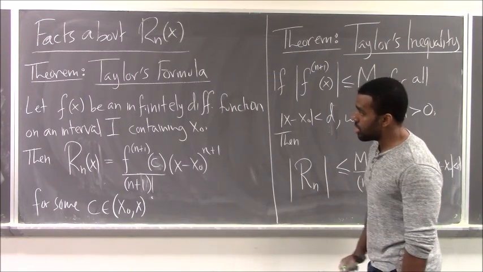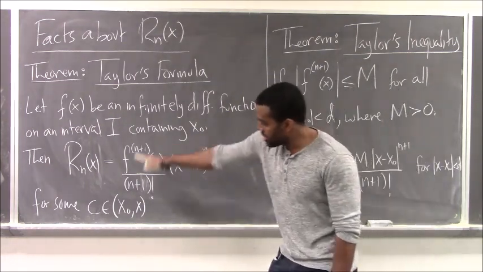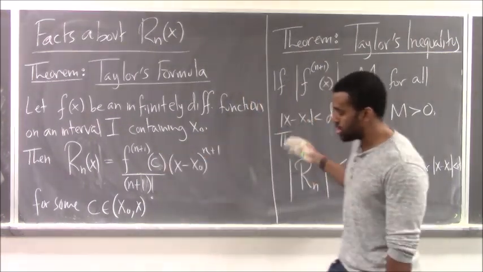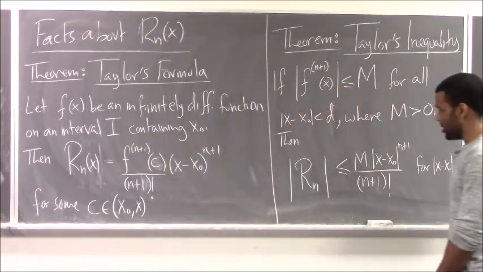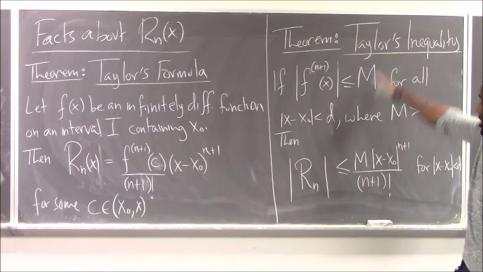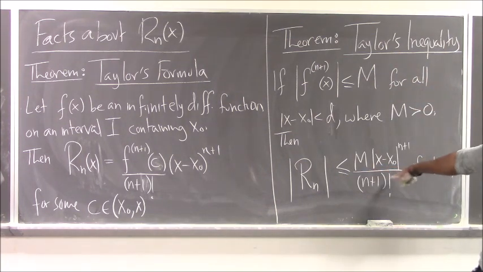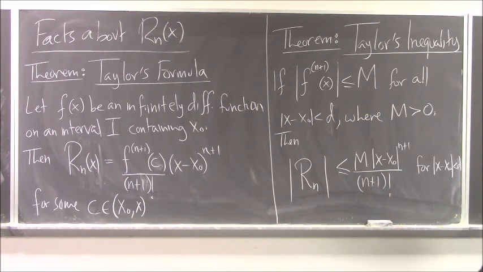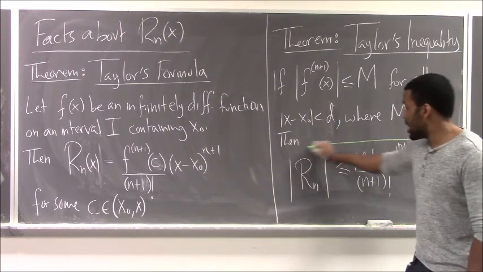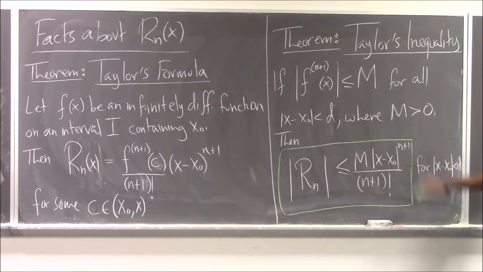So Taylor figured out a single term that he can use to approximate, and it will pretty much be equal to the infinite tail after the Taylor polynomial. And he figured out an inequality that that tail would obey. If you can bound the n plus first derivative on an interval, you can bound the remainder term on that interval as well. So that is called Taylor's inequality.